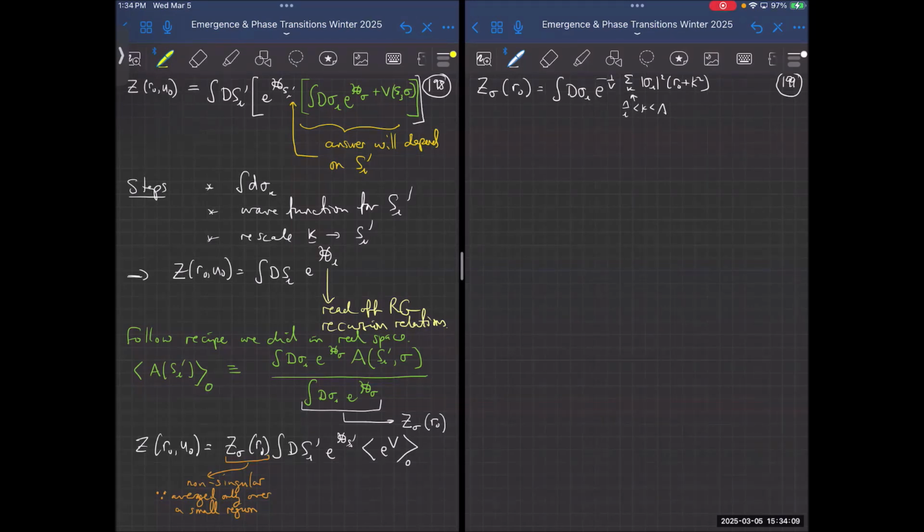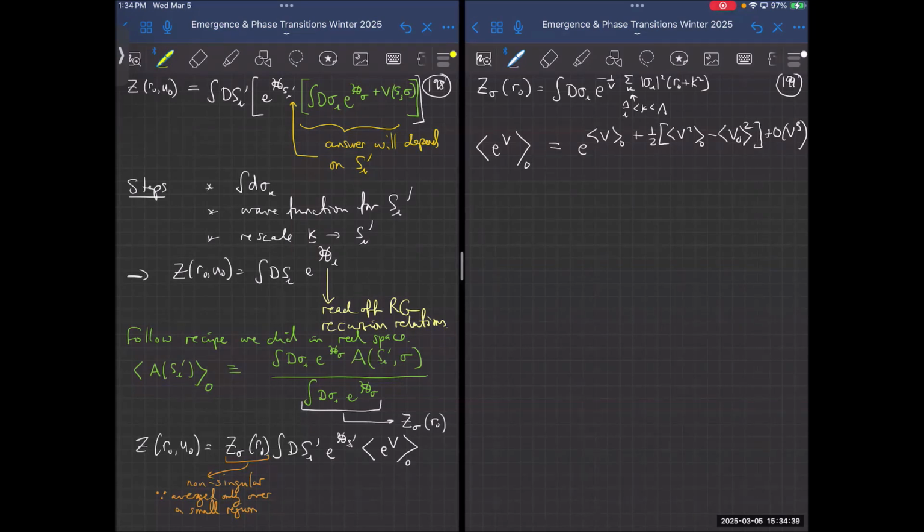So that's what that term is. That's what we mean by that normalization factor. When I write down e to the V, I can write this as a cumulant expansion. So this is e to the V naught plus 1/2 the expectation of V squared naught minus V naught squared, plus terms of order V cubed, just as we had before.